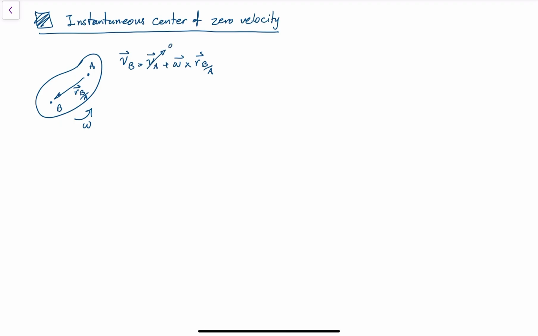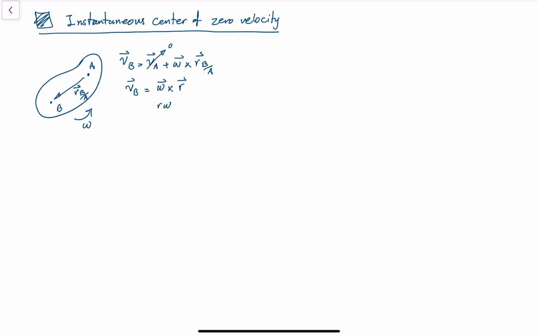In that case, the velocity of A is 0, and you recover the pure rotation velocity equation, which was omega cross r, where we dropped the B relative to A because everything was relative to that fixed point. The equations were very simple, and the norm of the velocity would be r omega, with the direction perpendicular. It was a very, very simple problem.